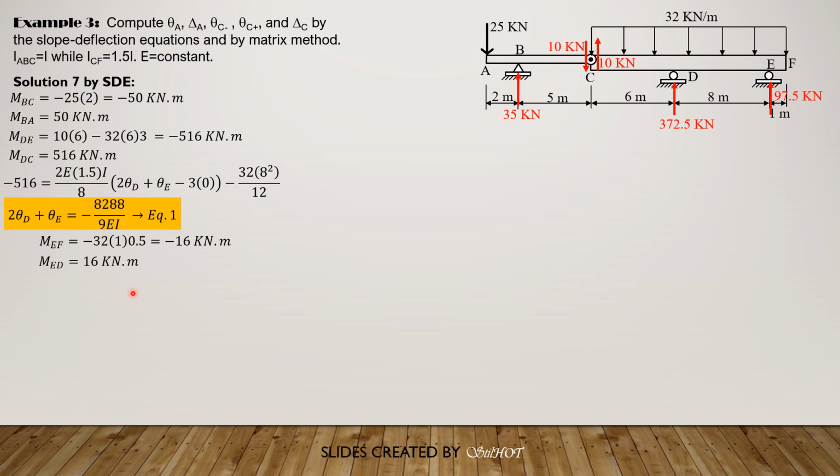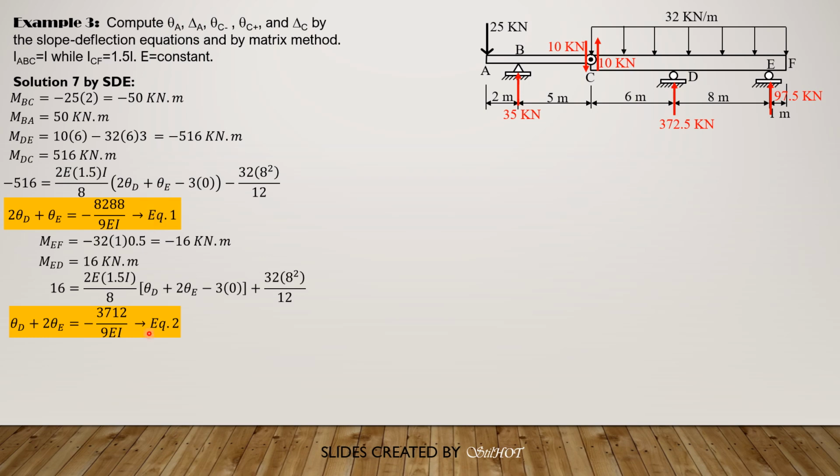So positive 16 equals 2 times 1.5 EI over 8 times theta D plus 2 theta E minus 3 times delta again, which is 0, because we are considering supports that remain unyielding. Then because this is E, right, so positive 32 times 8 squared over 12. Simplifying this equation, we have theta D plus 2 theta E equals negative 3712 over 9 EI.